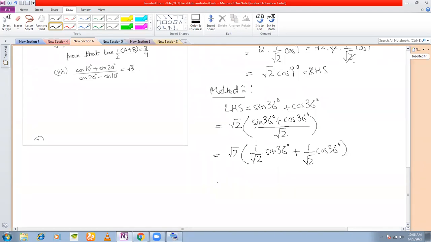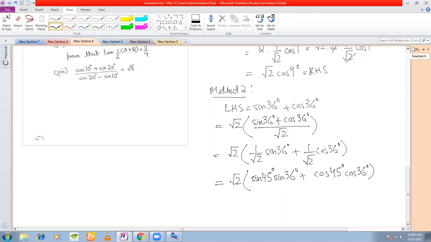Now what is the value of 1 by root 2 in terms of cos? It is cos 45, right? So what you do here is you write 1 by root 2 here as sine 45 degree, sine 36 degree. And here you write this as cos 45 degree, cos 36 degree.